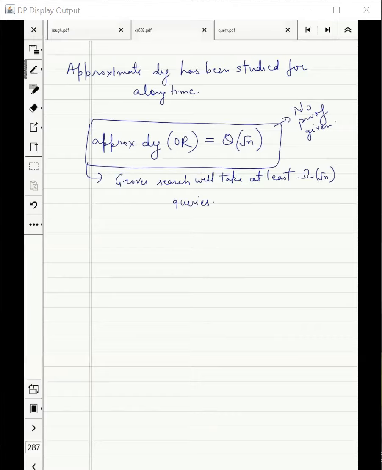And this one was for Grover search, but in general, you can take many arbitrary functions and you can ask the quantum query complexity. This is a big area of research in quantum computing.